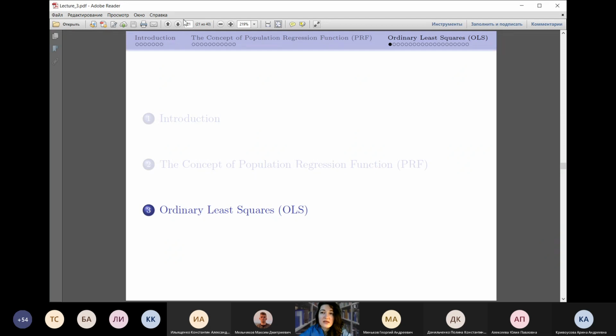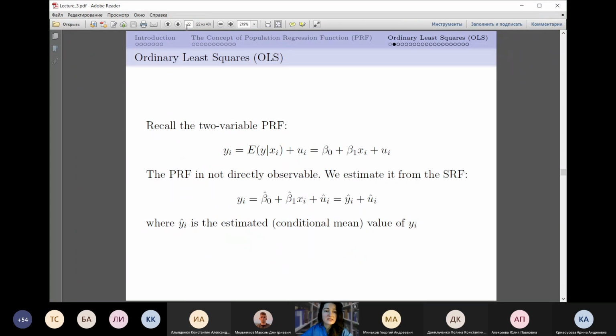I should say that under some assumptions, we will discuss some of them today and some next week, the method of least squares has very attractive statistical properties. Because of this, it is one of the most popular methods of regression analysis. And this method is rather simple. So let's take a look.